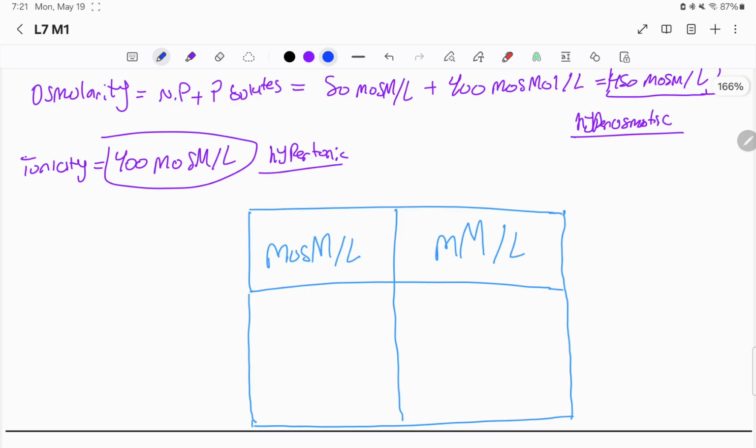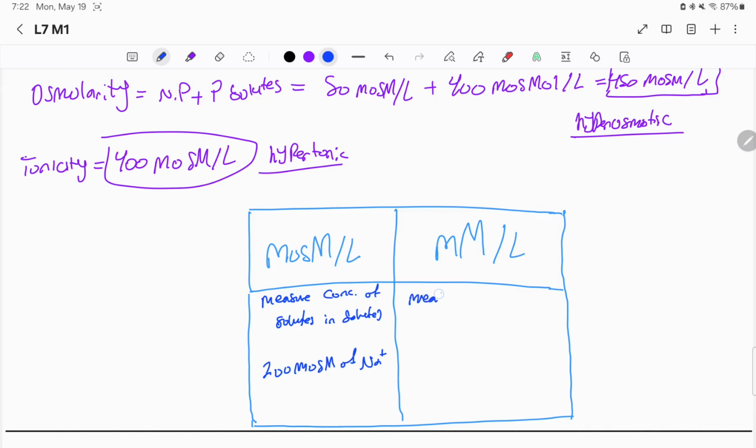Now, just to briefly clear up the units, okay? Milliosmoles per liter is going to measure the concentration of solutes in solution. A good example of that is, for example, 200 milliosmoles of sodium ion.